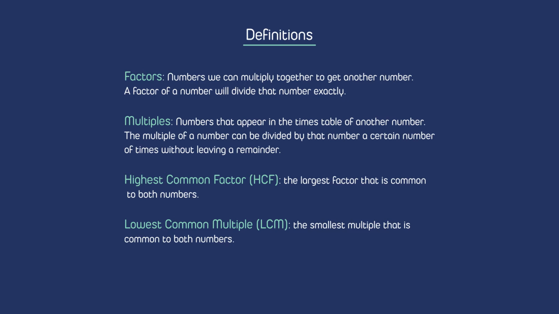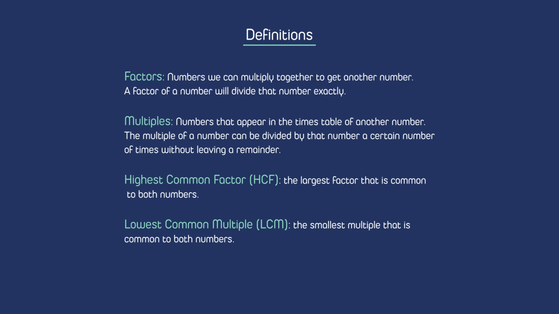A multiple will always be able to be divided by the number it is a multiple of a certain number of times without leaving a remainder. It is also important to remember that every number is both a factor and a multiple of itself. For example, 6 is a factor of 6 because 6 times 1 equals 6. 6 is also a multiple of 6 because it appears in its times table.